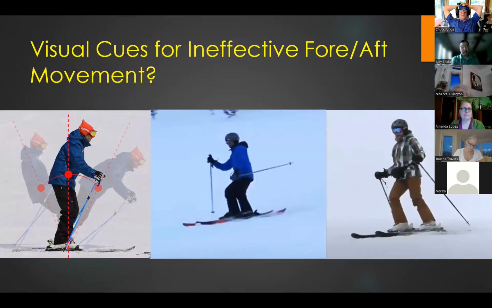The shin bone should be relatively parallel to the spine, or the spine should be relatively parallel to the shin, the upper leg. And that's assuming, of course, that the ankle is flexed, because I think you could argue from the two photos on the right that yes, their shin bones are parallel to their back, but I wouldn't necessarily call them in balance.